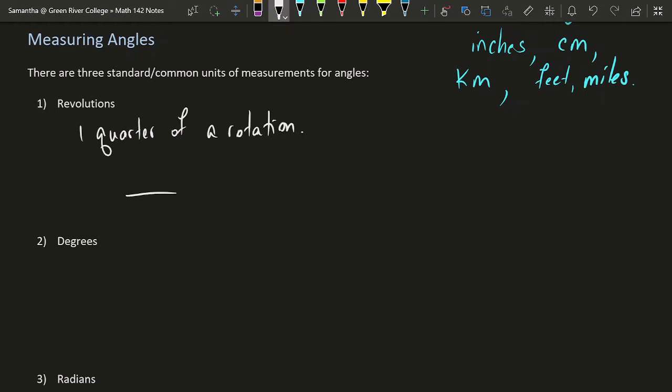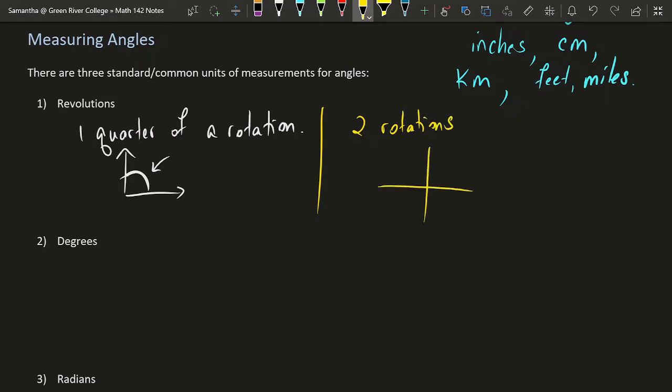This would be an amount of turning that corresponds to going 1/4 of what it would take to go all the way around. So that would correspond to the angle which is specified here in white. Or I could say something like 2 rotations, which, as the name would suggest, would correspond to spinning around twice, that amount of turning.